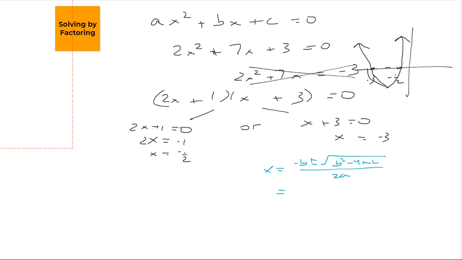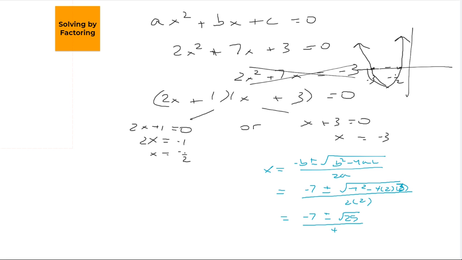And if I put my numbers in there, I'm going to get -7 plus or minus the square root of 7 squared minus 4 times 2 times 3, over 2 times 2. Now, this is 49. 4 times 2 times 3 is 24. 49 minus 24 is 25.